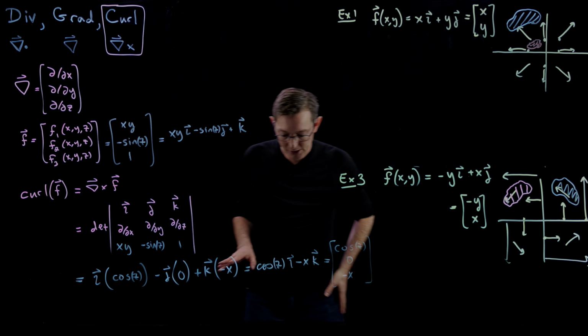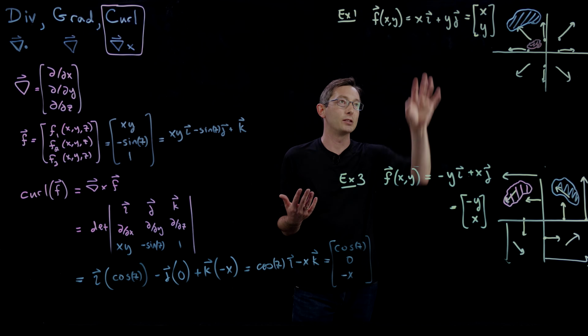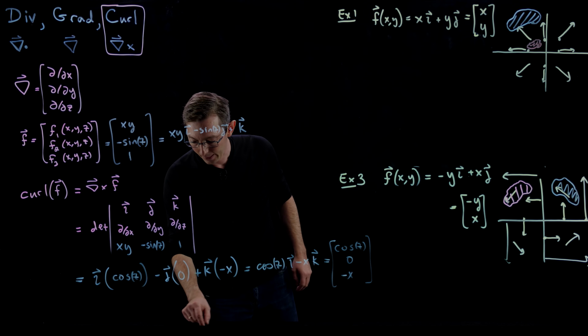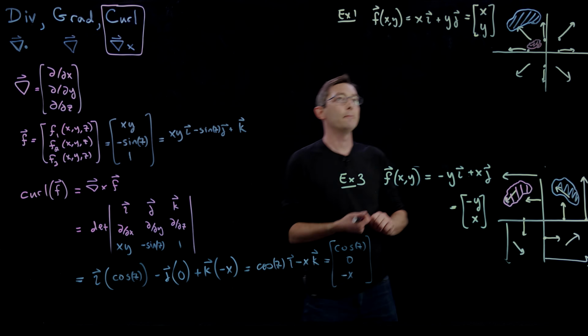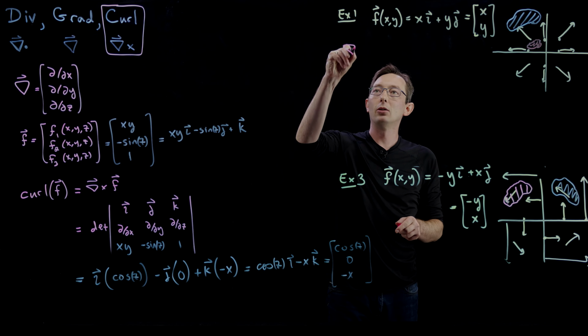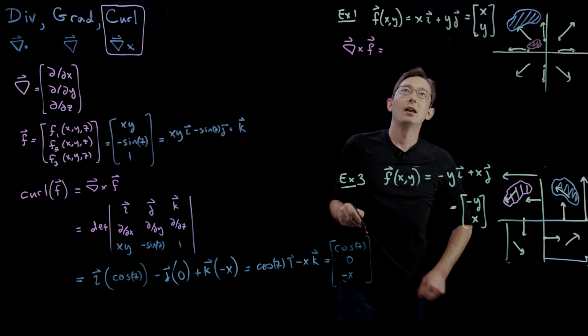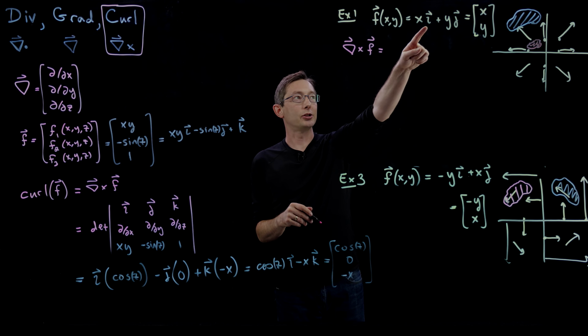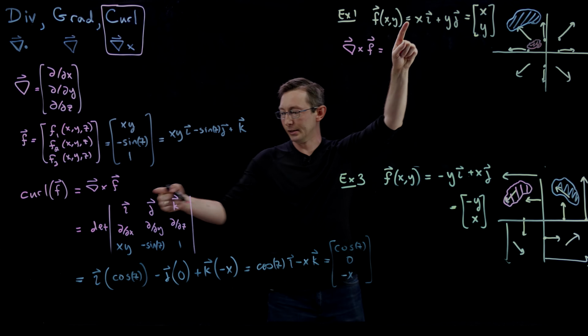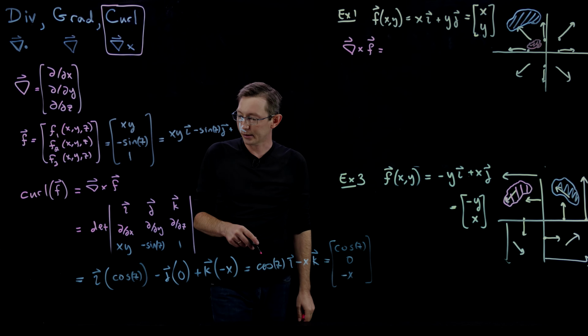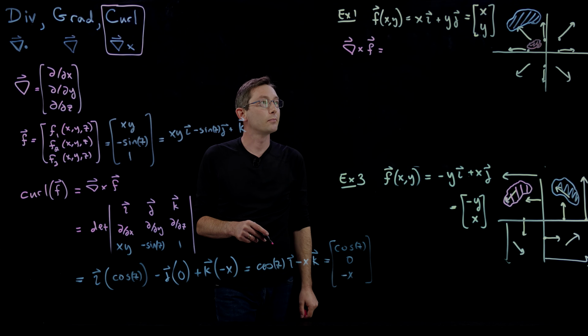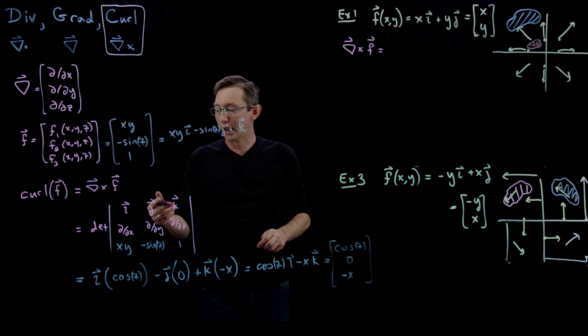Okay, so I'm just going to write out what this would be in these cases. So if I want to compute the curl of a 2D f bar like this, it is always in the k direction.